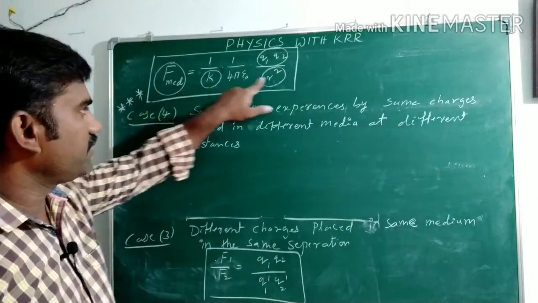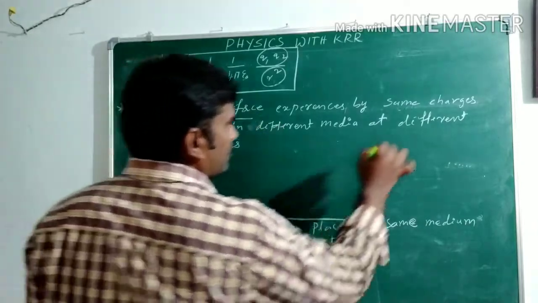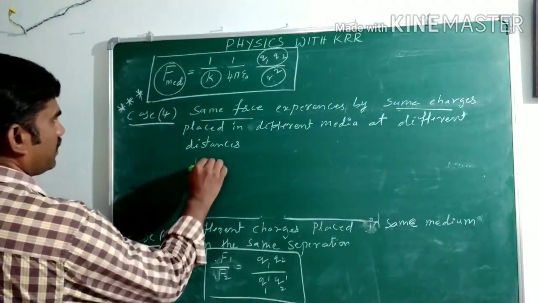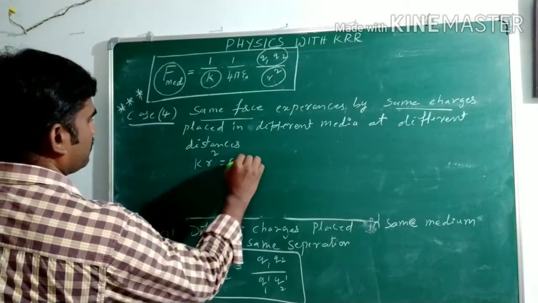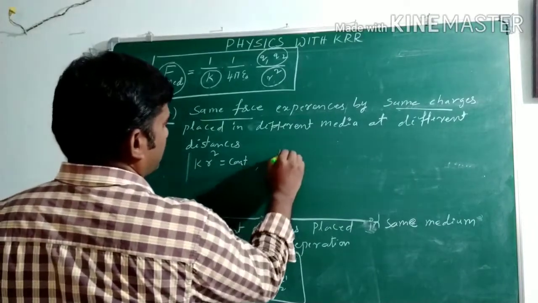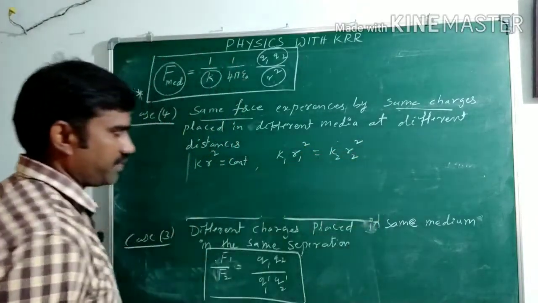Different media, different distances, but experiences same force, same charges. Now we can take K R square is equal to constant. It implies K1 R1 square is equal to K2 R2 square.